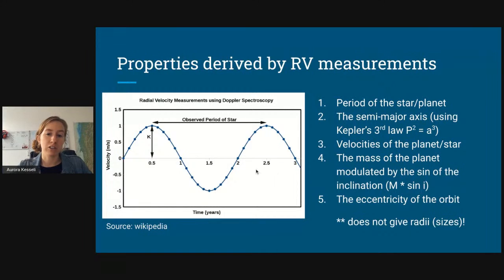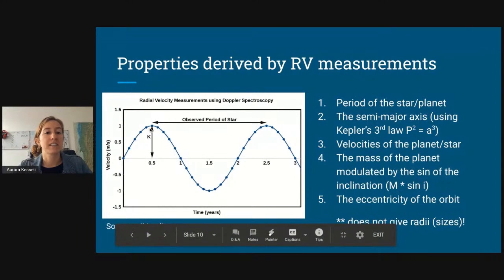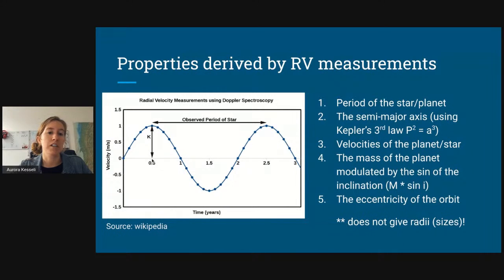Then the velocity of the star can be found from this diagram. So this K here is labeled, and this is the semi-amplitude of the star's velocity. So this tells us the maximum velocity of the star as the star is moving either fully towards us or fully away from us.